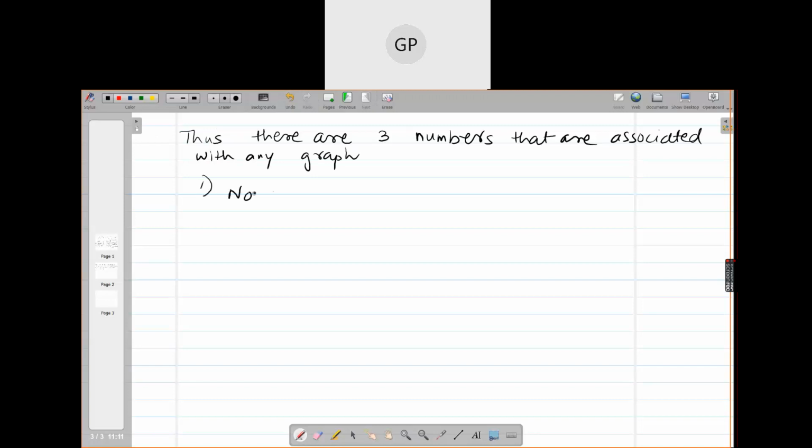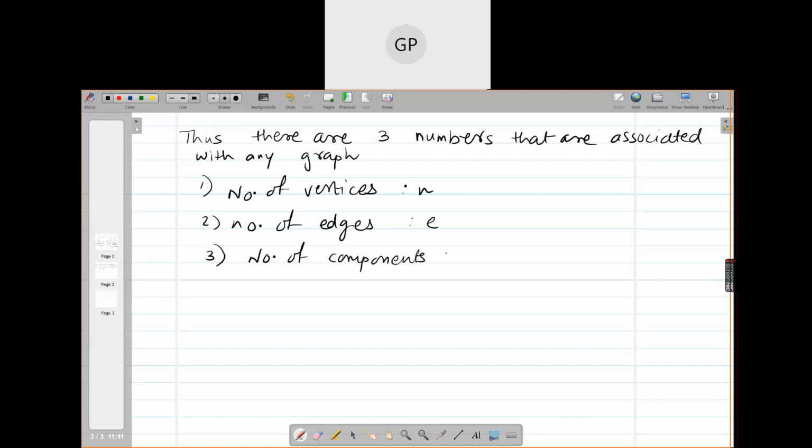First one is number of vertices, that is n. Second one is number of edges. Generally, we denote it by n and e, and number of components, W of G.